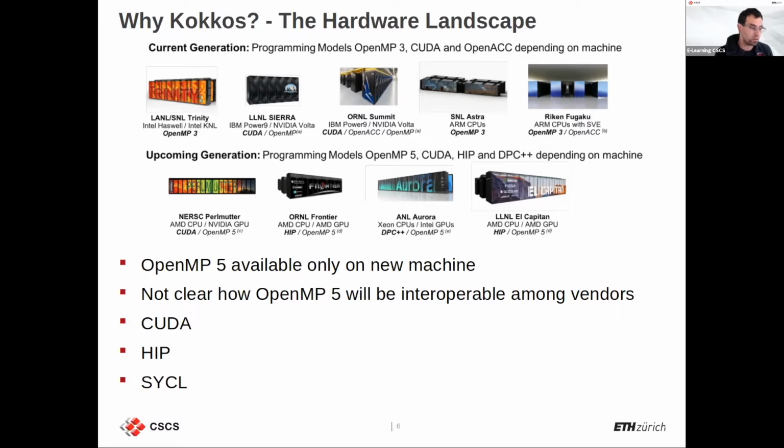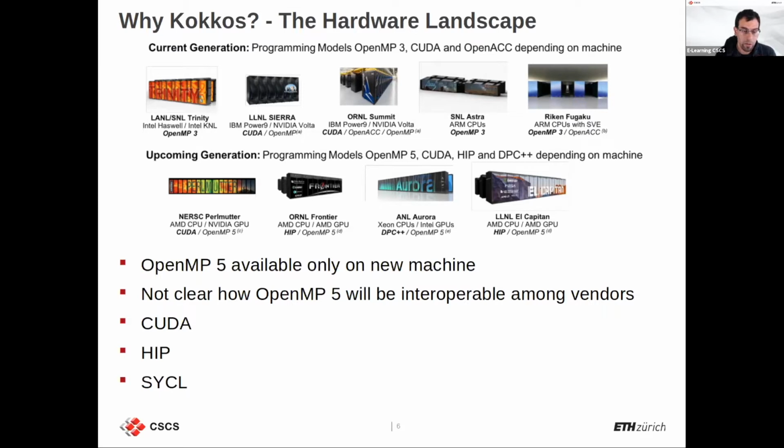So why Kokkos? Why are we using Kokkos? Mainly because in the present, and in the future, there will be more architectures, more diversity, and therefore developers want to write the code once and be able to run on multiple hardware, but still run in an efficient way. There are other candidates besides Kokkos.